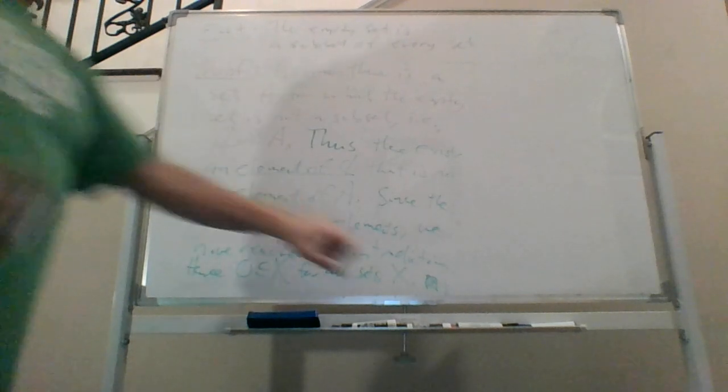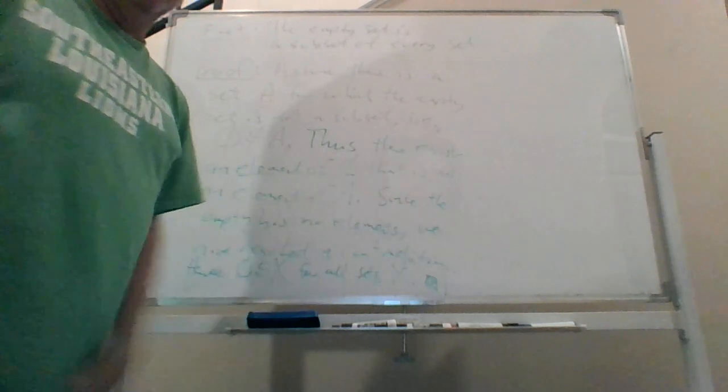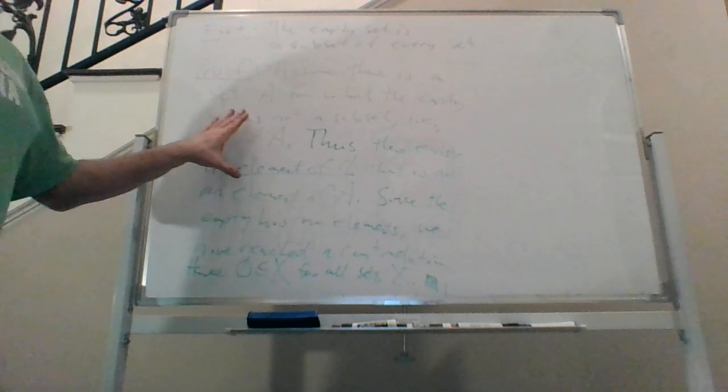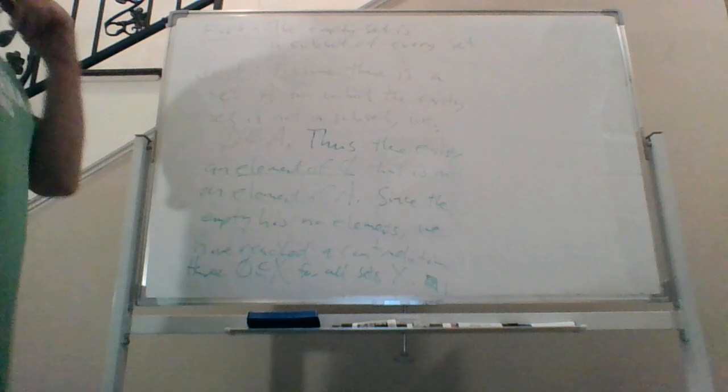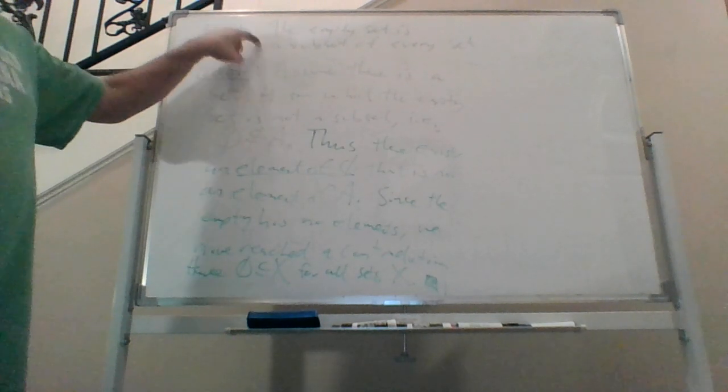Different books and different research papers use different things, a black box or an open box or a diamond. So there's our proof. It's not the proof I'm so concerned about right now. I just wanted you to see where we're headed. But I want you to make sure you know the fact. The empty set is a subset of every set.